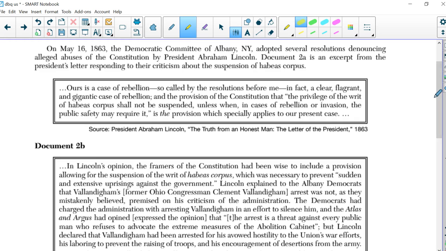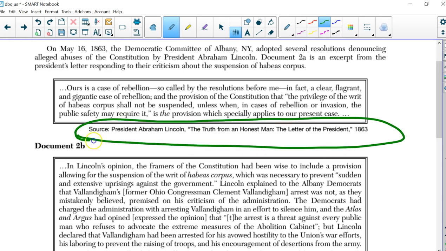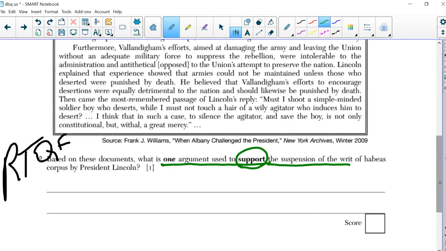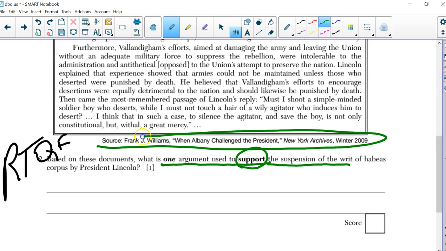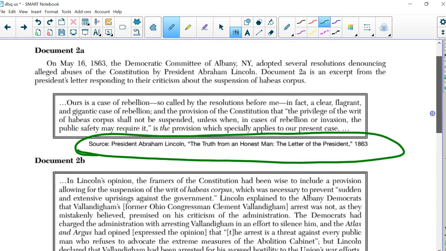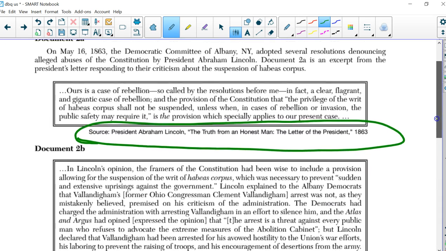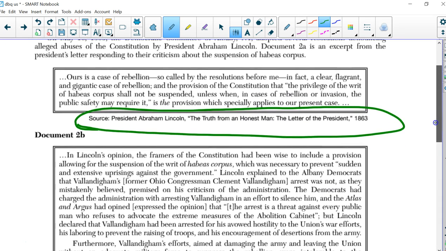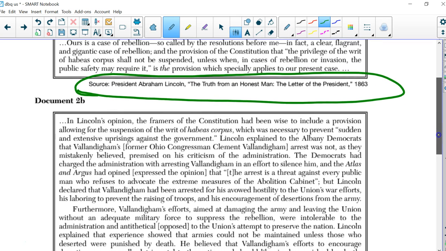So it says, ours is a case of rebellion. Oh, I'm sorry. I was jumping ahead. We need to circle our sources. My goodness. See? Teachers forget to. All right. Here's our sources. We have 2 blurbs of text here. We read our question. We're going to look at our sources. The source is President Abraham Lincoln, The Truth from an Honest Man, The Letter of the President, 1863.